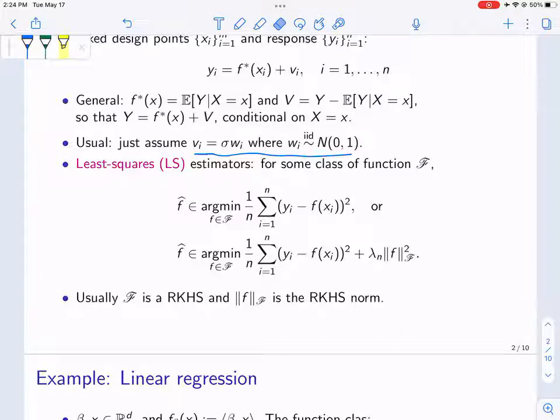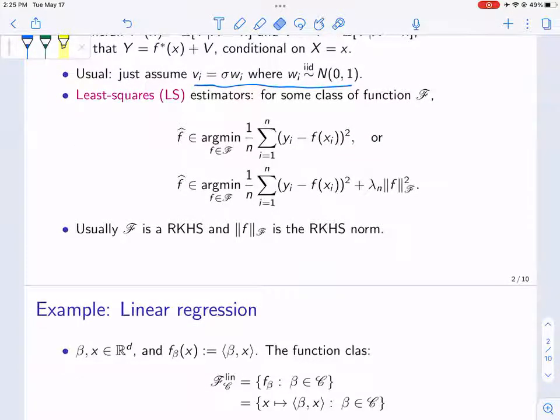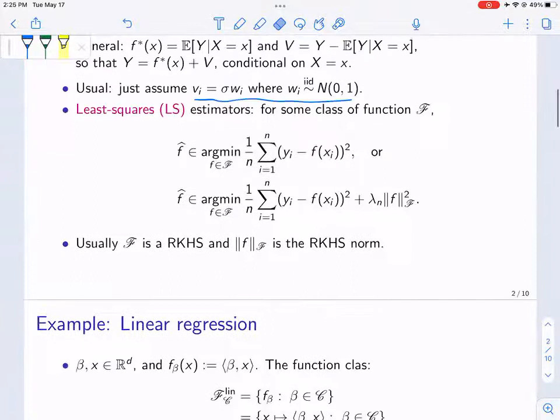What we worry about here is whether these estimators are good, or how good they can get, okay? How to compute them is left to some other course. I'm going to talk about an example in an RKHS, for example. You can solve this rather easily, actually, but the general setting is different. So any questions?